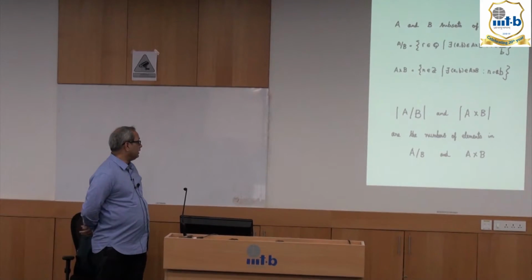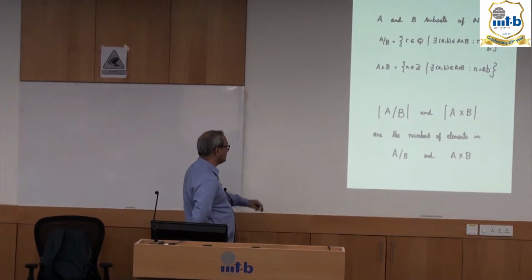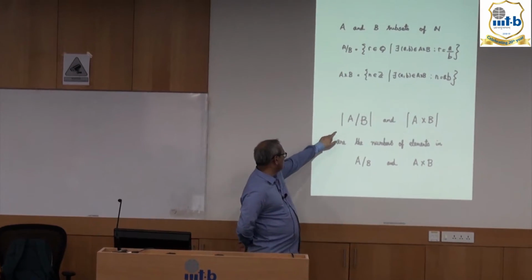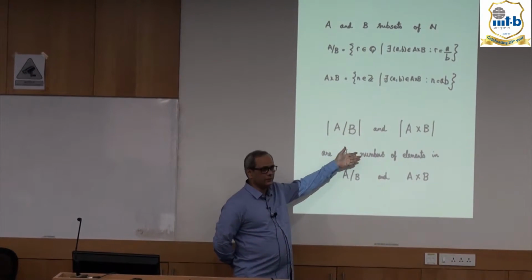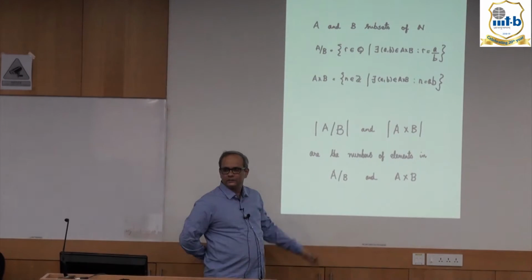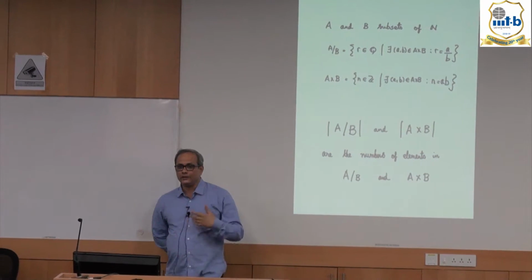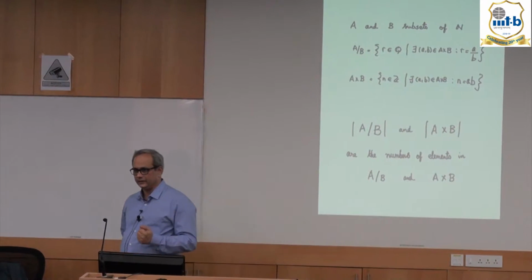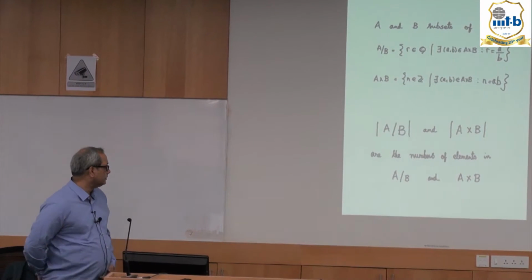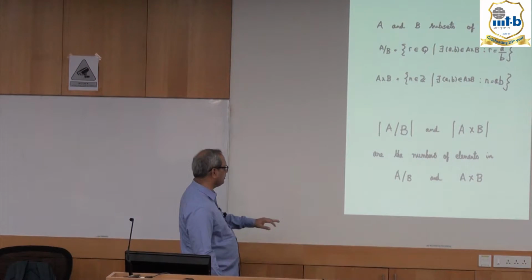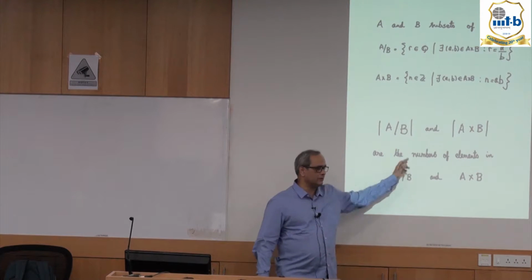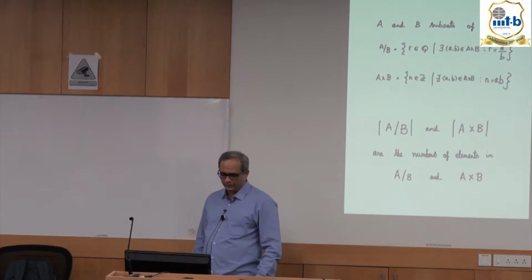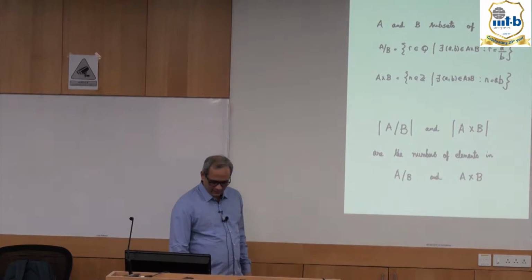We will also use these double bars to denote the cardinality, which means the size, the number of elements of these sets when they are finite, and we will mostly consider finite sets. Otherwise, we will have other ways of measuring their size. So this is the number of elements of A by B and A cross B, and in general we will use these double bars to denote the size of any set.